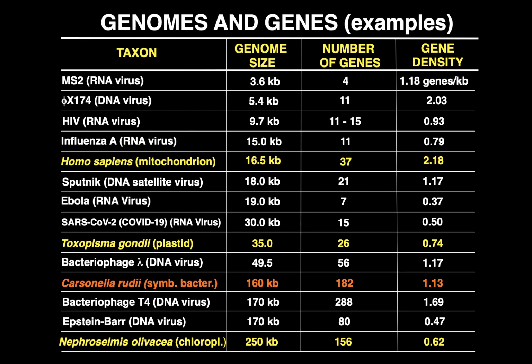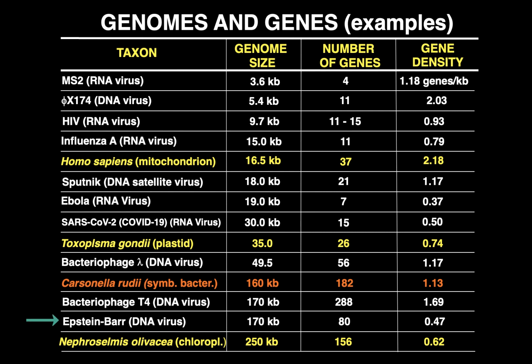Going back to this diagram, if we work our way up through Ebola virus there at 19 kilobases, and then SARS-CoV-2, which is the disease organism for COVID-19, has one of the larger genomes for an RNA virus.